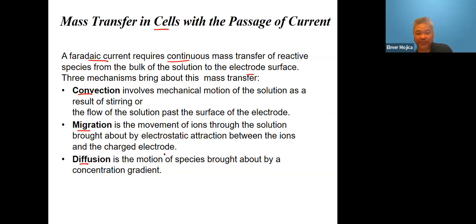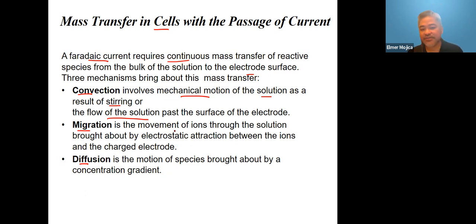And we're going to encounter them again because ito yung mechanisms that happen in a Faraday current doon sa surface ng electrode. Sa convection, it involves mechanical motion of the solution as a result of stirring or the flow of solution past the surface of the electrode. So ito yung ini-stir mo yung system.